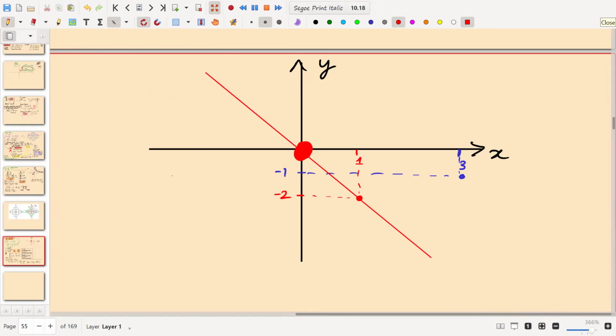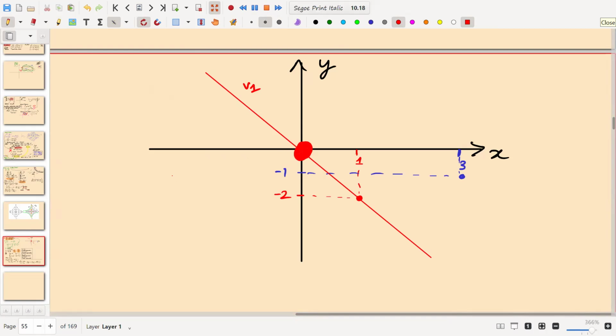So this is V1. Red is V1, 1 minus 2. Any multiple of that is also an eigenvector, so it will lie on that vector. So that's how you created that line. Fine. I hope everyone agrees to this.